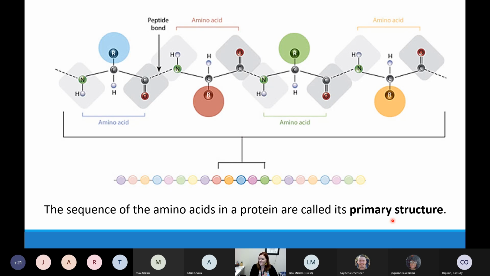All right. So far we've talked about how our amino acids have an amine group and an acid group. And we've talked about how we can use those to form peptide bonds to help us build the primary structure, the order of our amino acids.